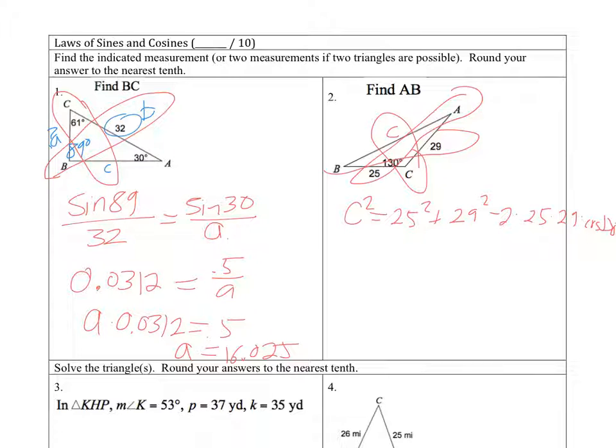I get 2398.04. Take the square root of both sides. And we get 48.9 is equal to C.